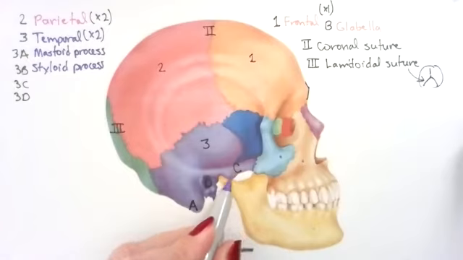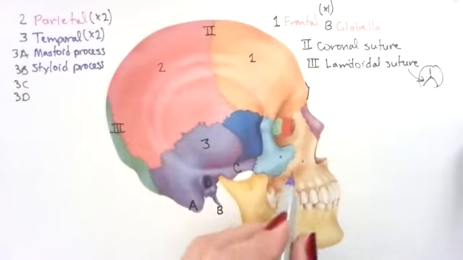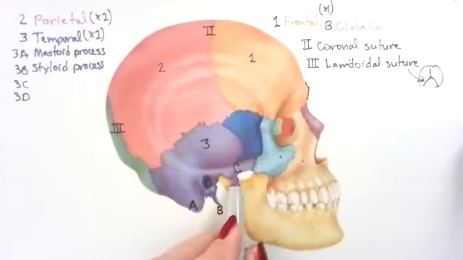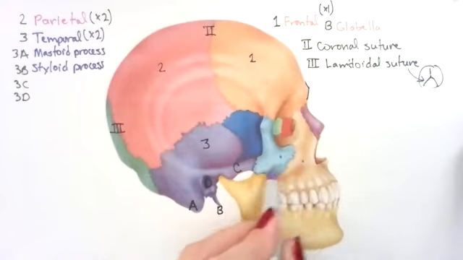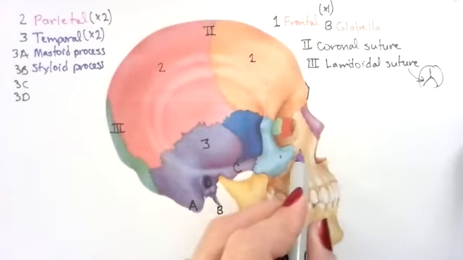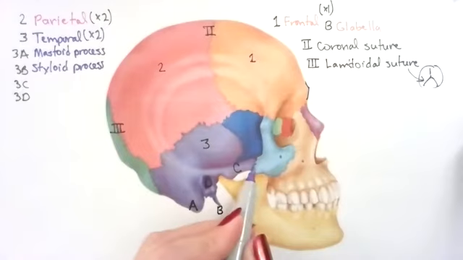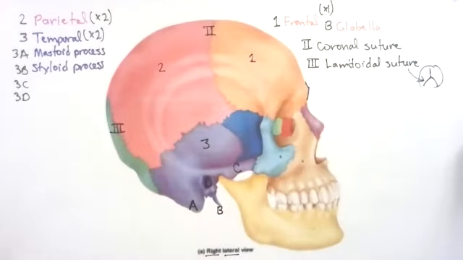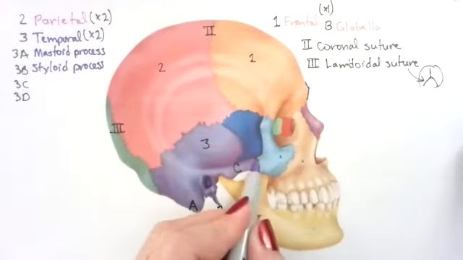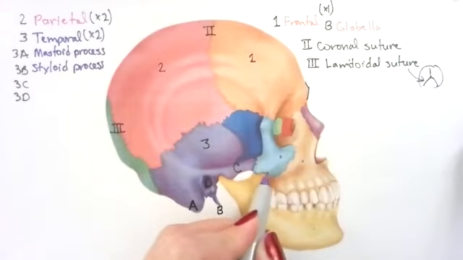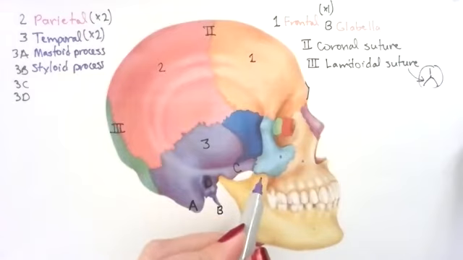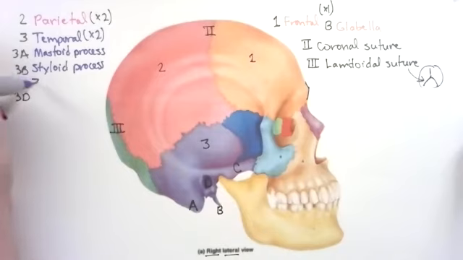C is another process. When you think of your cheekbone, it's actually made up of three parts. We've got the part here on the zygomatic bone, the part on the maxilla, and here a part on the temporal bone. Because this articulates with the zygomatic bone, we call 3C the zygomatic process.